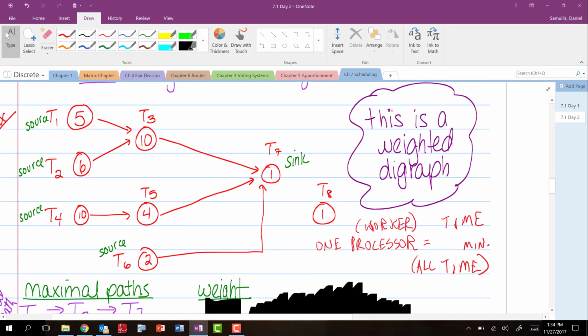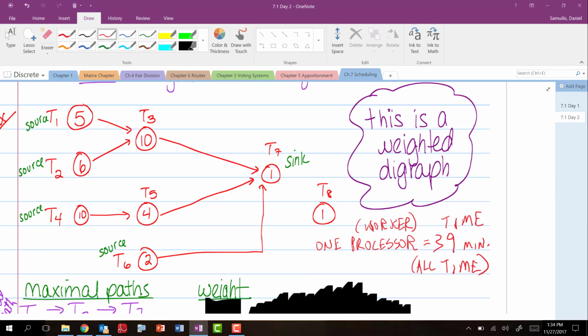But don't you agree if you were just one person, I'd have to do task 1 maybe first and take 5 minutes. Then I'd have to move on to task 2 and take 6 minutes. Then I'd have to do task 4, maybe 10. And then basically one worker means add up all this time, 10, 16, 21, 31, 35, 36, 37, 38. It would take one worker a total of 39 minutes to get this job done because they are stuck doing one task at a time.